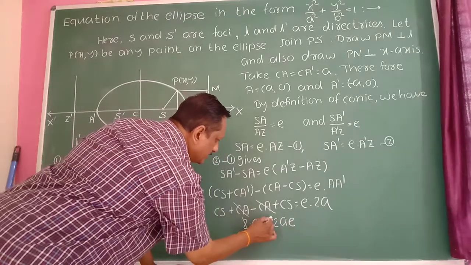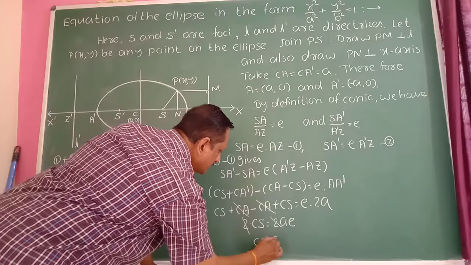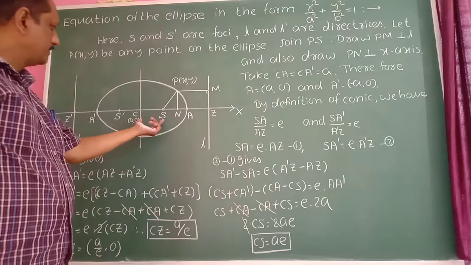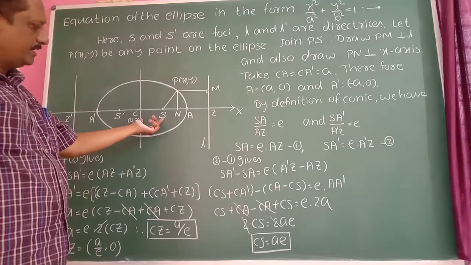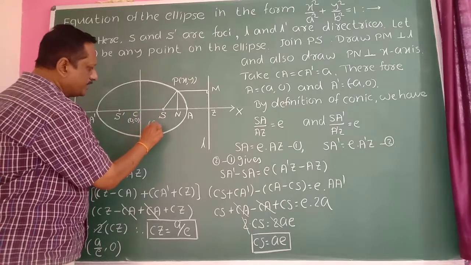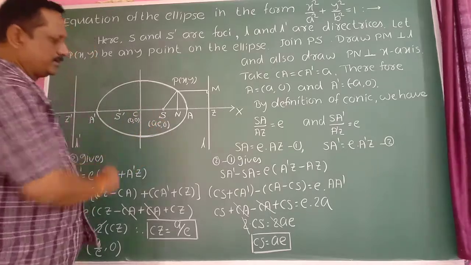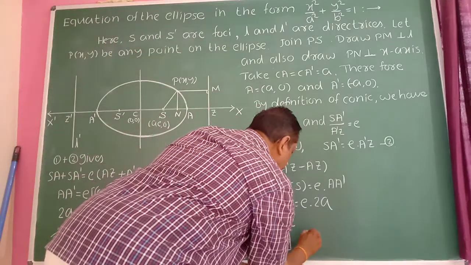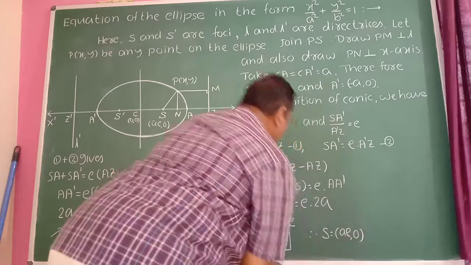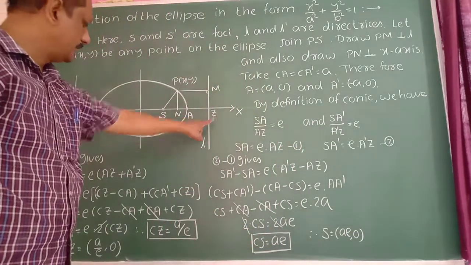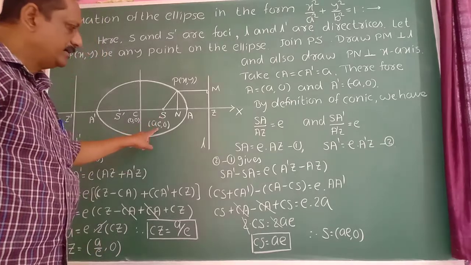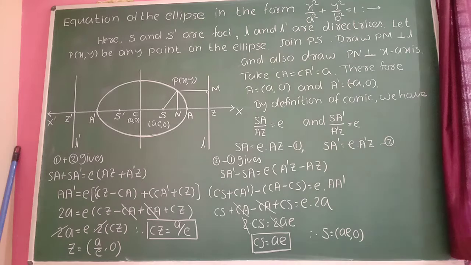Then the 2 cancels, so CS is equal to a into e. CS is this length. The point S lies on the x-axis, so its coordinate becomes ae, 0. The coordinate of Z is a upon e, 0, and the coordinate of S is ae, 0.